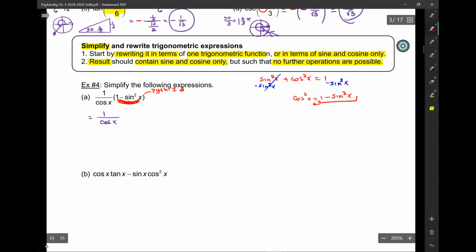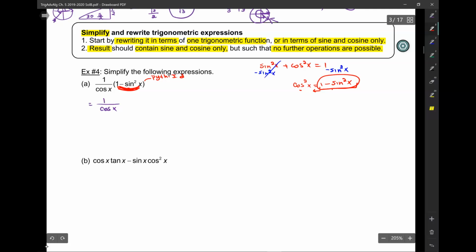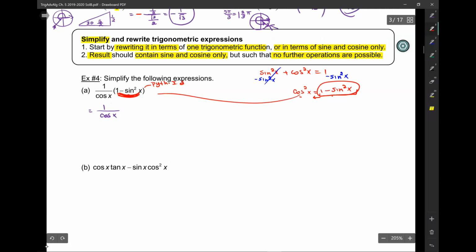Okay, so here I just figured out that 1 minus sine squared x is equal to cosine squared x. So here's what I'm going to do. I'm going to put this into here. So now I replace 1 minus sine squared x with cosine squared x.